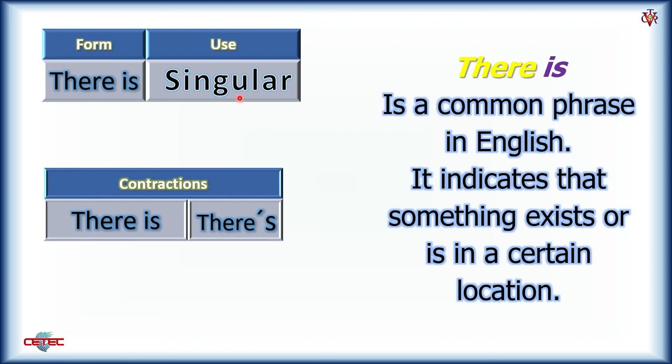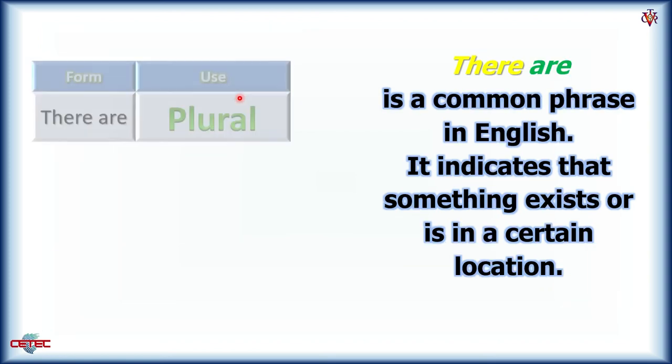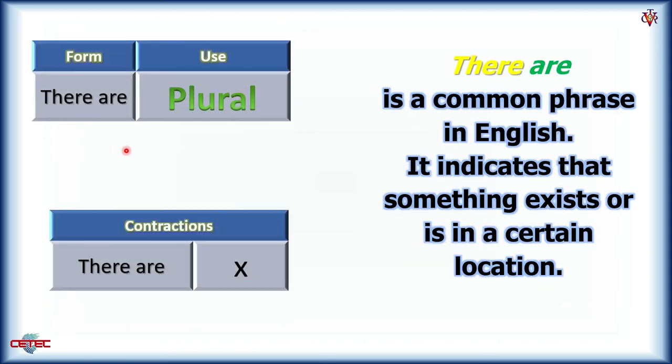Don't forget singular, that means only one. There are, it's for plural. There are, it's a common phrase in English, it indicates that something exists or is in a certain location. Here, there are is not a contraction. Don't forget that there are is for plural things or items.